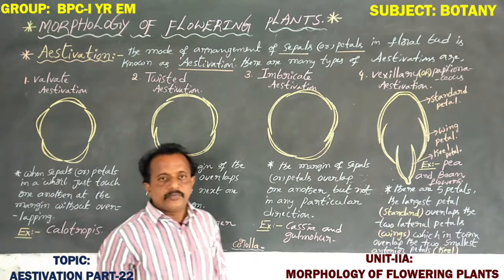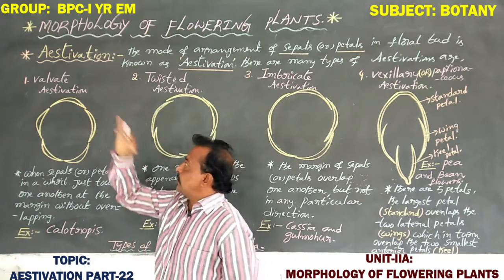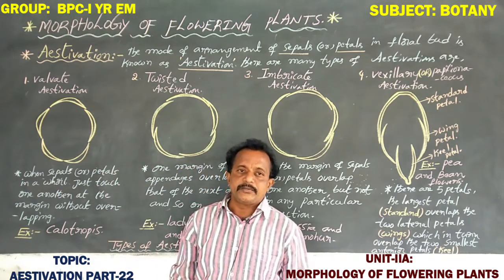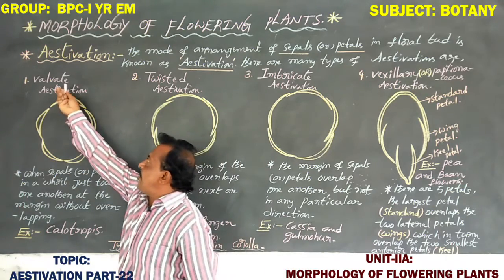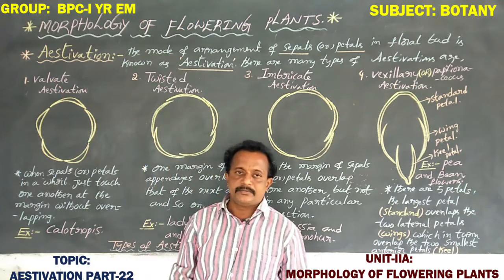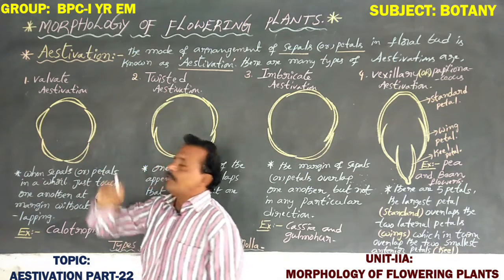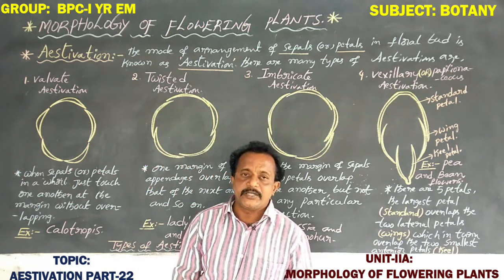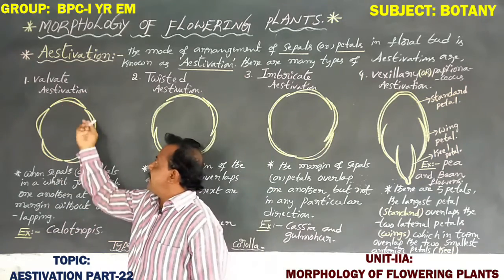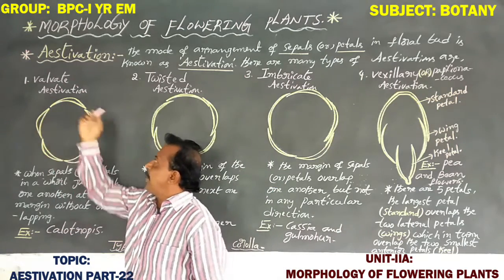Dear students, now the first type of estivation, that is valvate estivation. This is a diagrammatic representation of valvate estivation. These are sepals or petals.